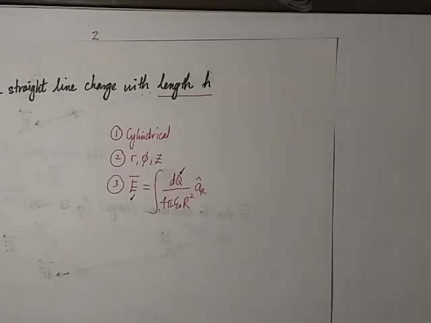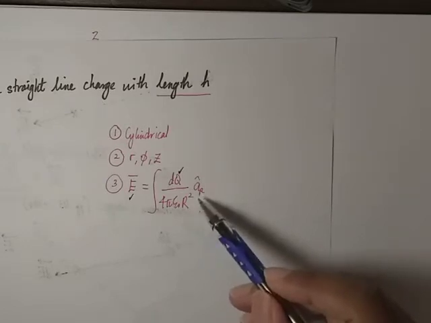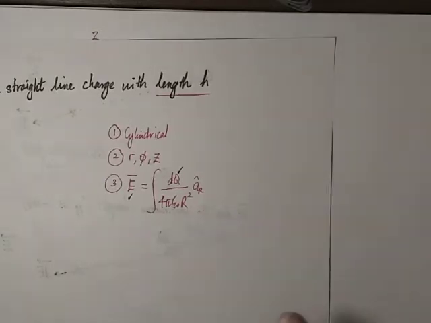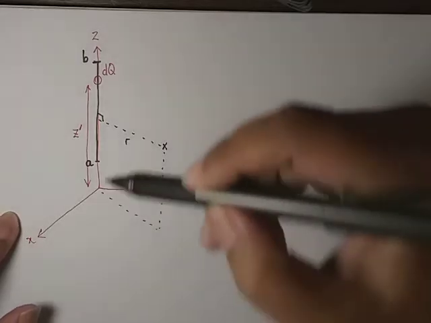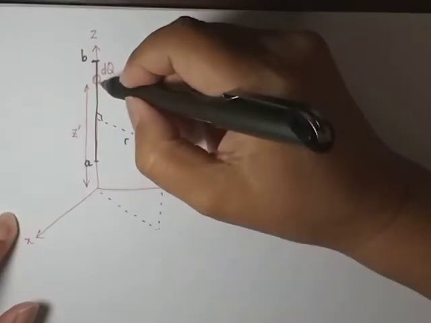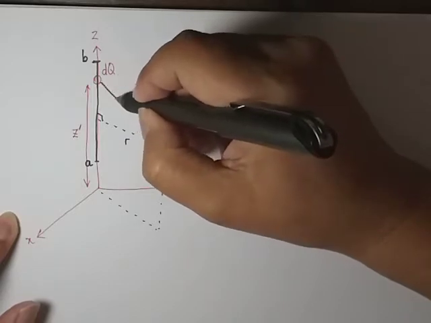So what next? The next thing I'm going to define is the R and also the unit vector. So how do I define the R magnitude and the unit vector? It's very simple. That can be done by joining the sample point and the E location.